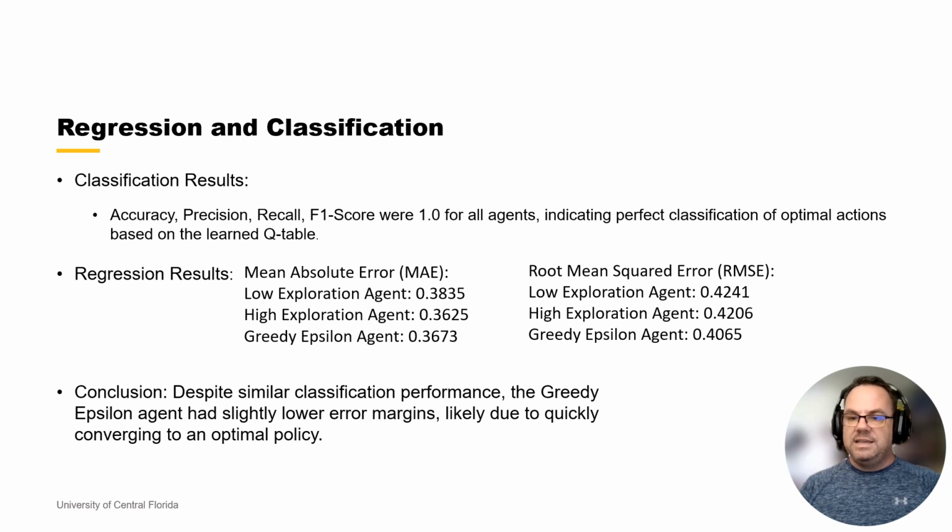This is just that the high exploration agent slightly outperformed the others in learning more accurate Q values. Similarly, the root mean square error was lowest for the greedy epsilon agent, meaning it had the smallest prediction errors overall. While the classification performance was perfect, these small differences in regression metrics identified that the greedy epsilon agent was more efficient in learning the optimal strategy.